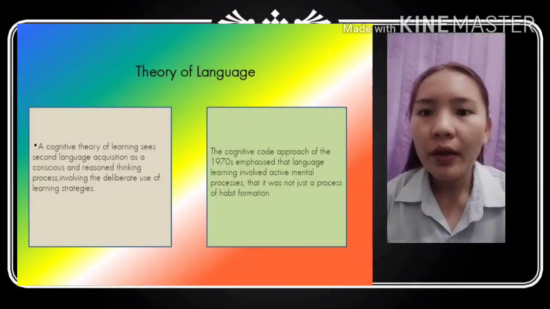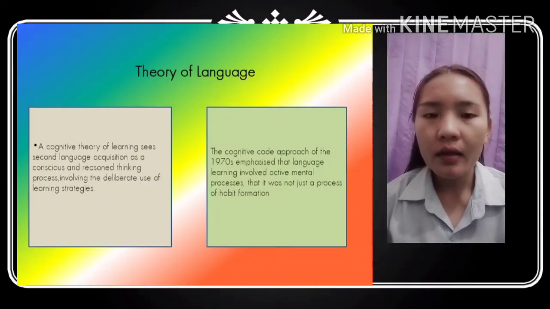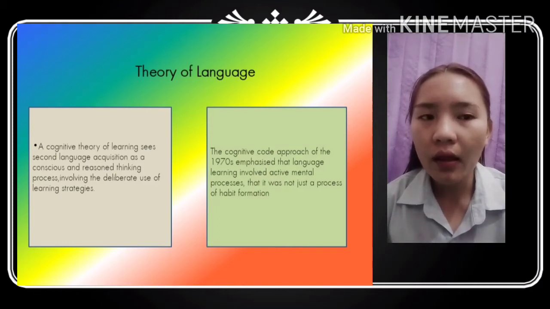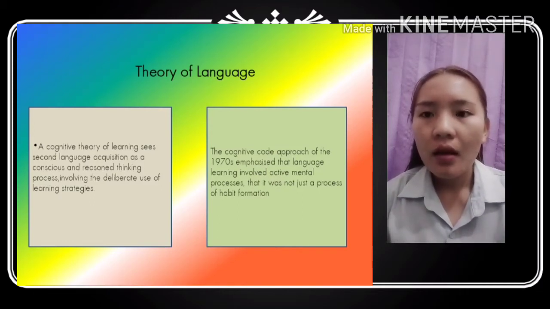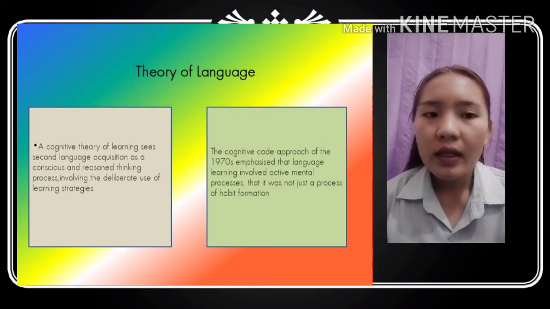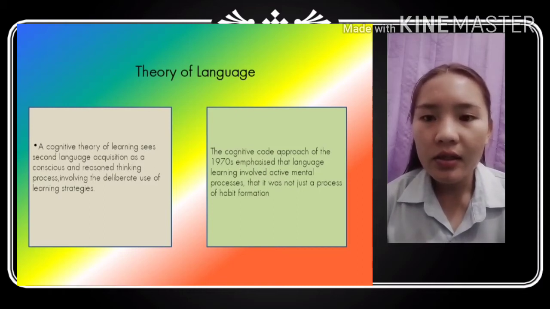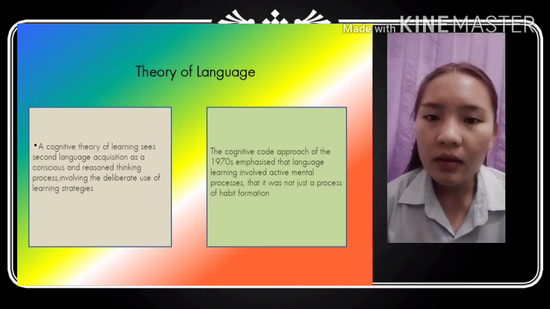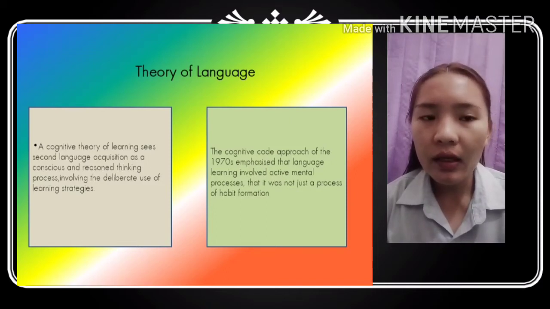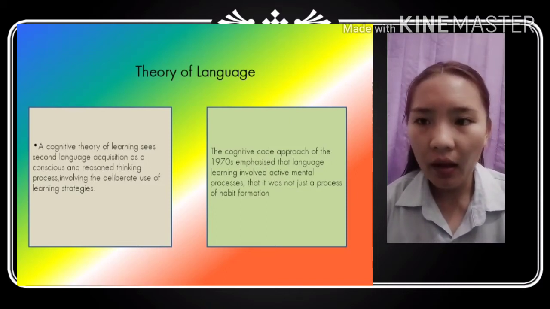Based on theories of learning applied specifically to second language learning, the focus is on learning strategies that are compatible with the learner's own style.